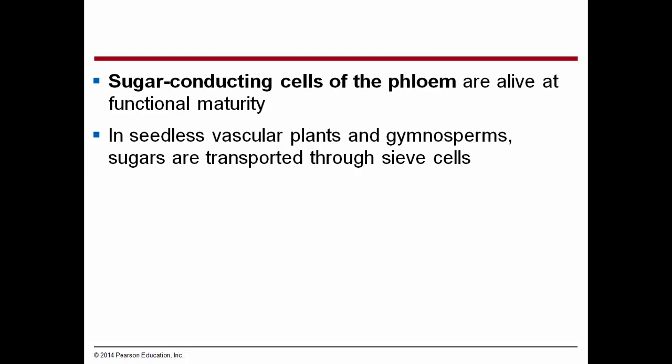Sugar-conducting cells of the phloem are alive at functional maturity. So they differ from xylem in that xylem moves water, phloem moves food. Xylem is dead, phloem is alive. So phloem are alive at functional maturity. In seedless vascular plants and gymnosperms, sugars are transported through sieve cells.